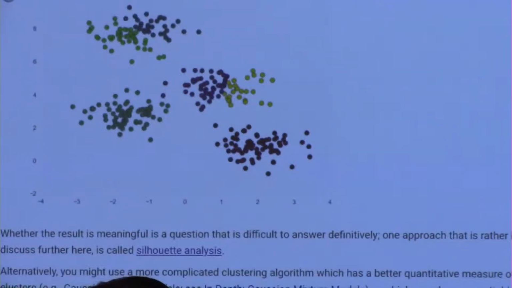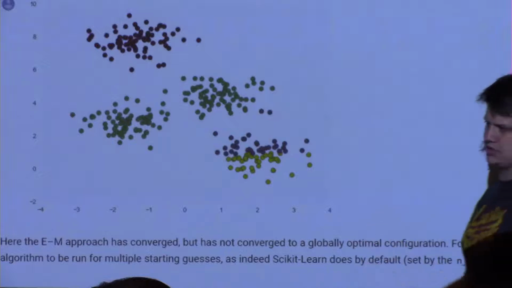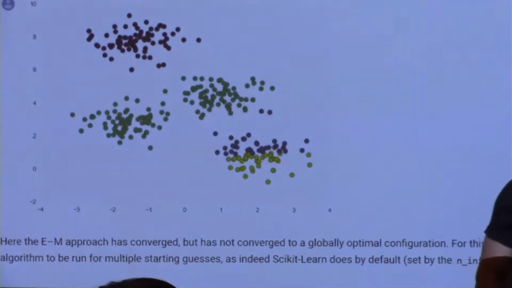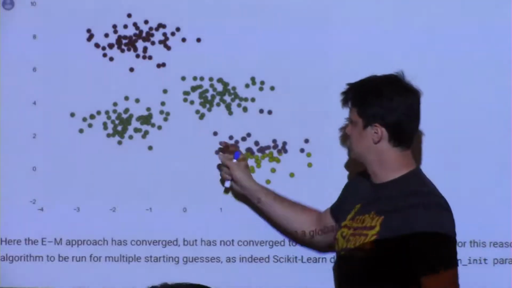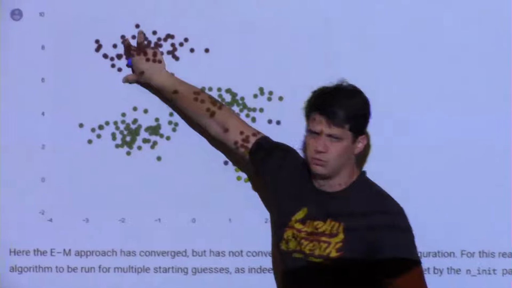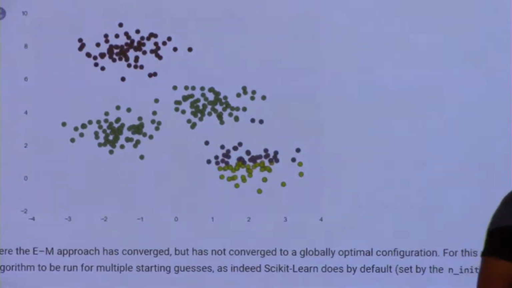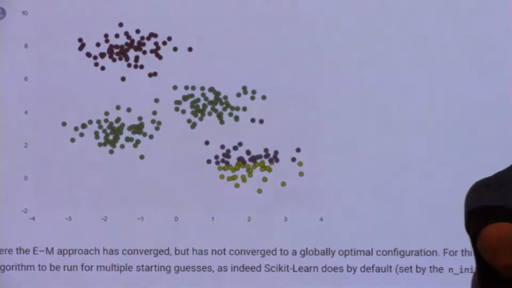Imagine that we randomly set four centers, and this was the result: this is one cluster, the second, third, and fourth. I calculate the distance from each single point to the center.